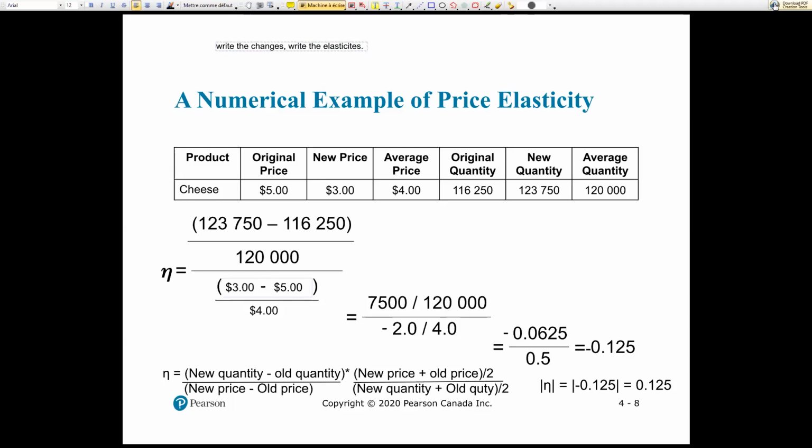And then they say, so do not write negative signs. At first I thought that applies to write the elasticities, but no. It applies to changes as well. And of course the changes are negative.